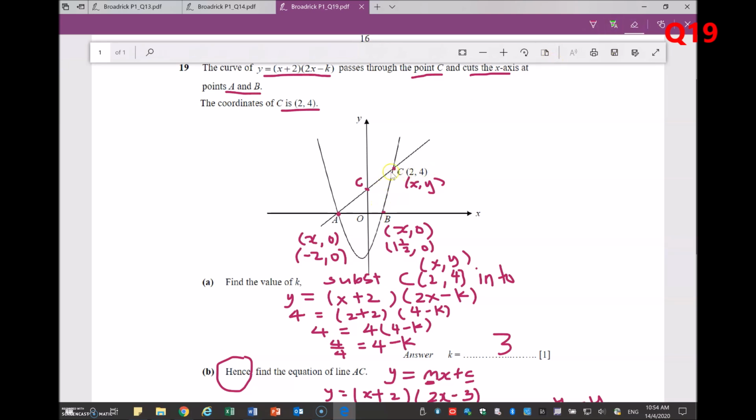Let me redraw this as much as possible. Now we have to find the area of this triangle.